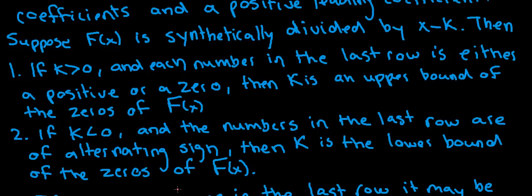So it's the same idea, but if we have some k that's less than 0 and we do synthetic division, and in our final row we get alternating signs, instead of it being an upper bound, it's a lower bound, so that means we have no zero that is less than whatever k is.